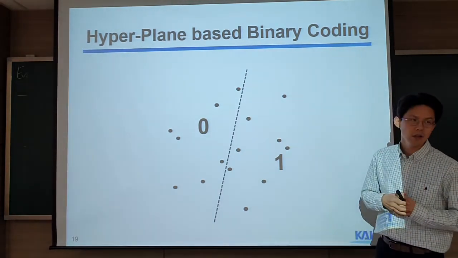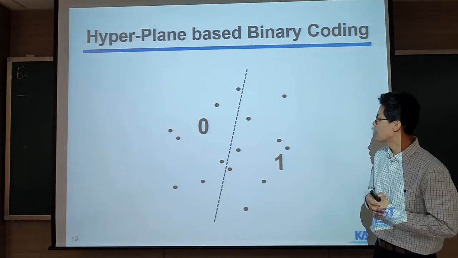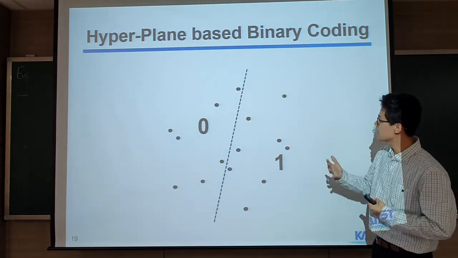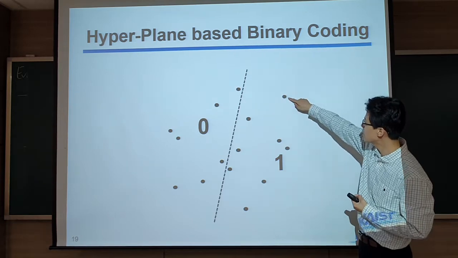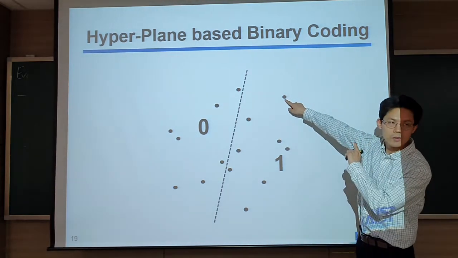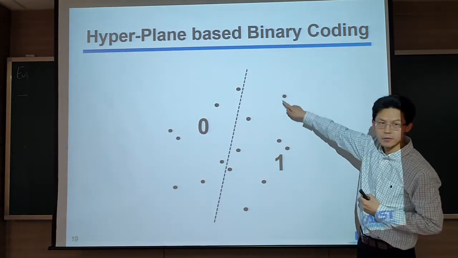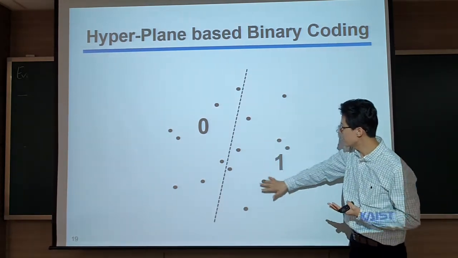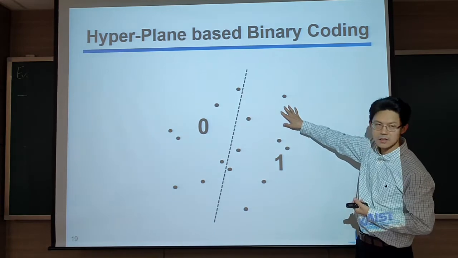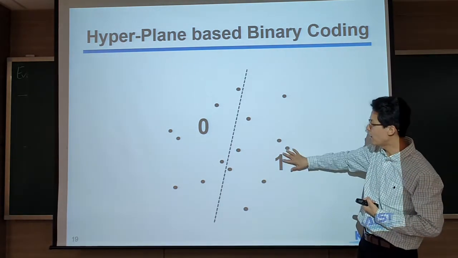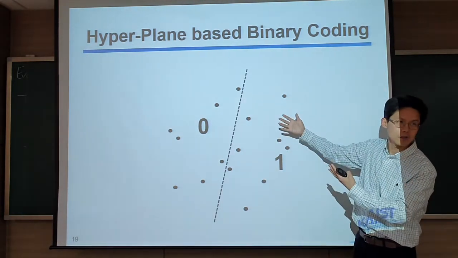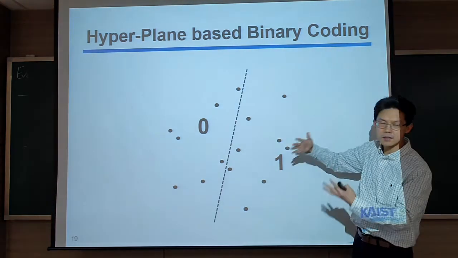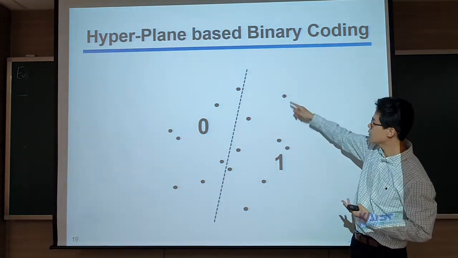Then if your query image is located there, and the query image is assigned the bit value of 1, we can treat all image descriptors that have the same bit value, in this case 1, as candidates for images very similar to that query image, right?